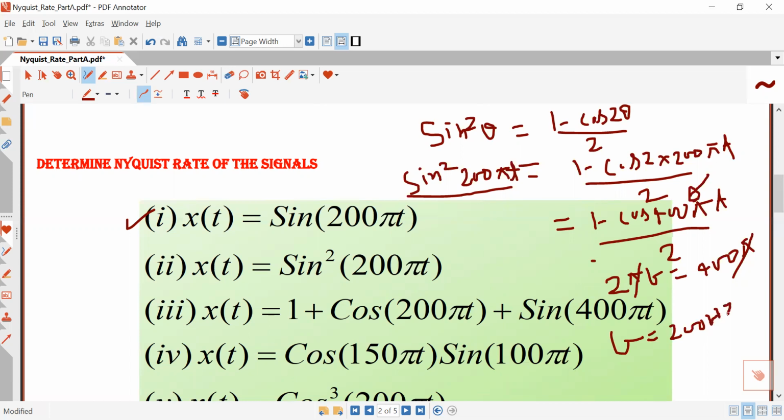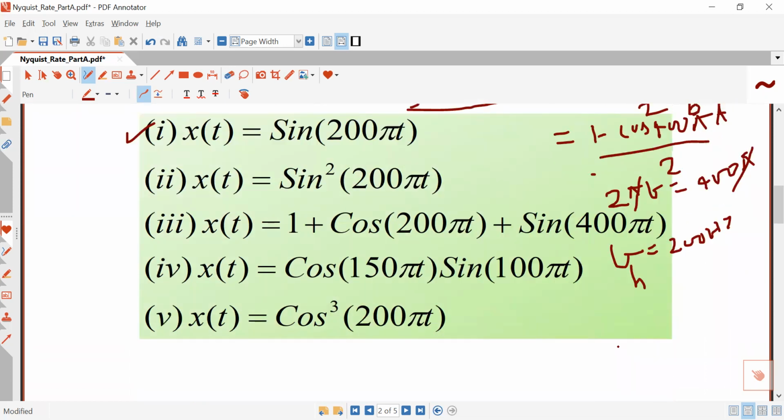And this is the single frequency existing in this signal. So this will be the highest frequency, and Nyquist rate will be twice this frequency, 2 into 200, which will be equal to 400 hertz. So in this way, you can determine the Nyquist rate for signal 2.